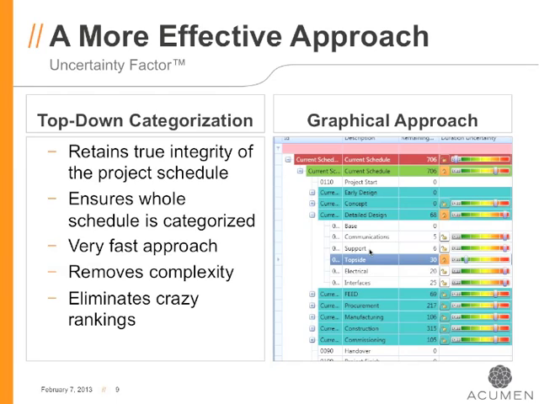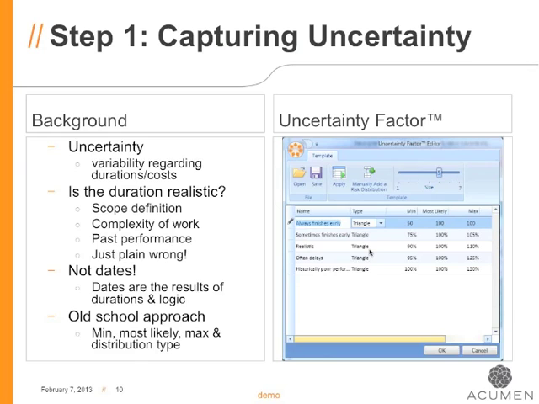So by doing this top-down approach, you end up with the entire schedule still being loaded with uncertainty, but you don't have to manually walk through each one of the 5,000 activities in order to achieve that. We've called this the uncertainty factor approach, and let me just elaborate on that for a couple of minutes. So on the right-hand side here, you can see an example of our uncertainty factor template.